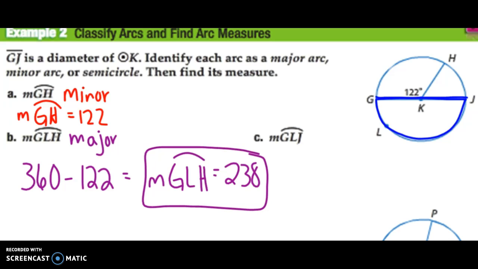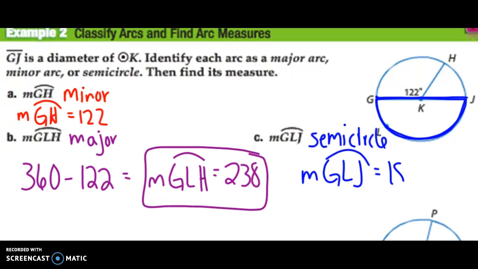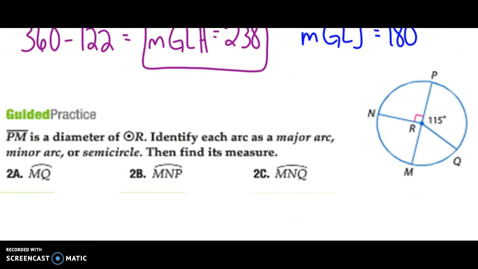So that's straight across the diameter. So everything in between here is just going to be 180 degrees. So this is going to be a semicircle. And so the measure of arc GLJ is going to be equal to 180. Here's a guided practice problem that you can try now.